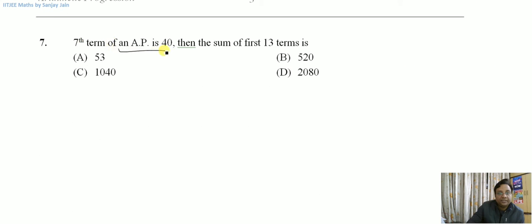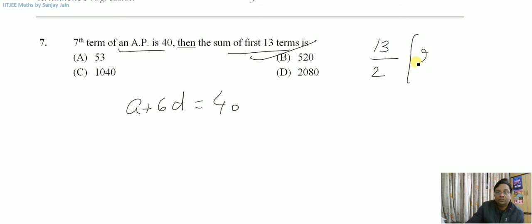If the 7th term of an AP is 40, find the sum of the first 13 terms. So a plus 6d is given as 40, and I need to find the sum of the first 13 terms, that is 13 by 2 times (2a plus (13 minus 1) into d), that is 12d.